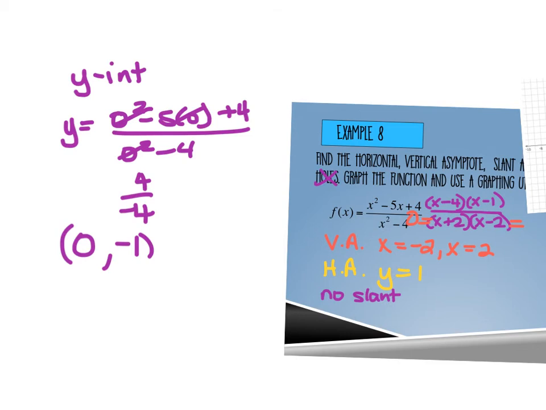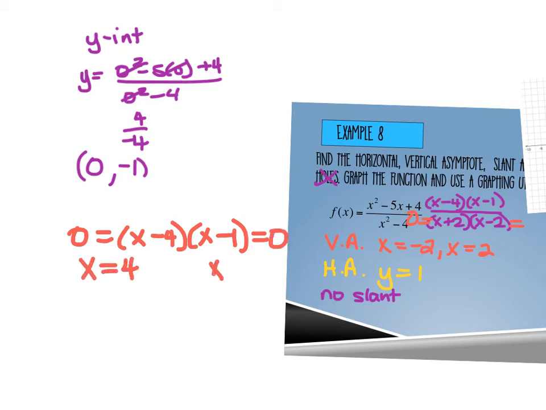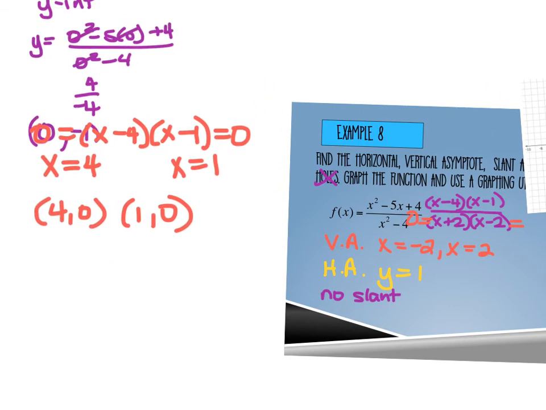Okay, for the x-intercept, set the numerator equal to 0. I already factored it, so if either of those factors is 0, the expression is 0. So I have 2 x-intercepts, one at (4, 0) and one at (1, 0). Good so far? Okay, now let's start graphing that stuff.